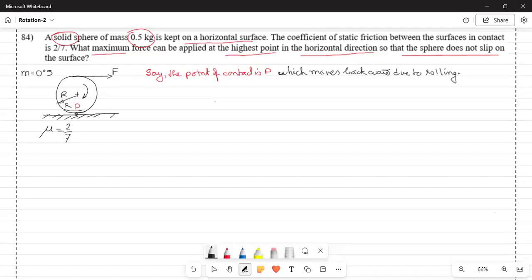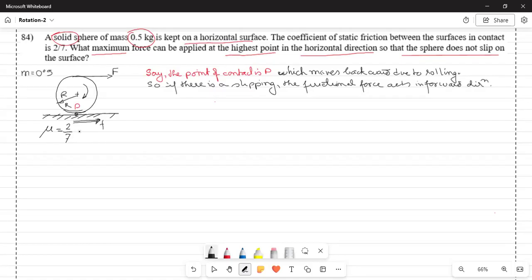Therefore, if there is a dragging, if there is a slipping, the frictional force acts in forward direction.